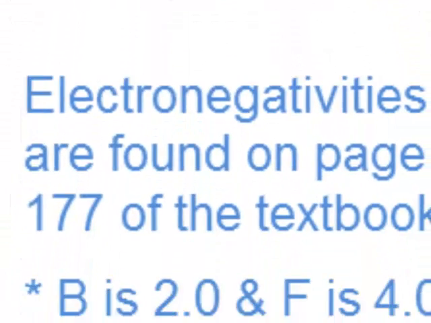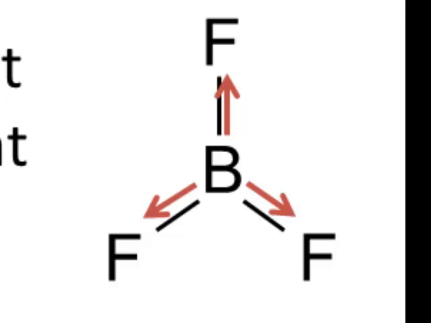If we look in this diagram in the lower right, we can see when we draw a boron trifluoride molecule, giving it its trigonal planar shape that it would have, we can draw arrows next to those bonds to indicate the polarity. Boron is a 2.0 value from that table. Fluorine has a 4.0 electronegativity value.